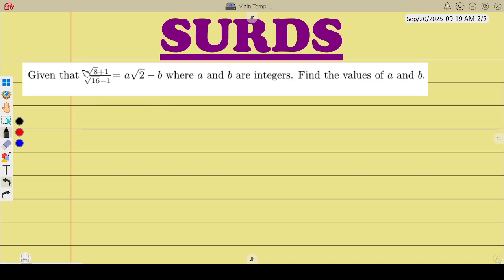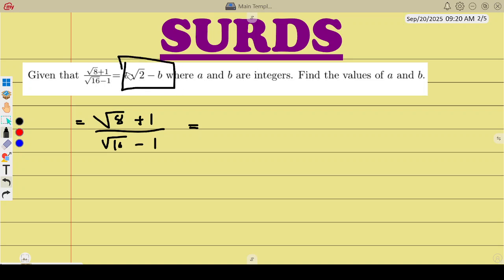They're telling us that given that root 8 plus 1 over root 16 minus 1 is equal to this, find the values of A and B. So we start with what we know: root 8 plus 1 over root 16 minus 1. Here we can simplify the denominator before we even rationalize. Don't focus first on this part.